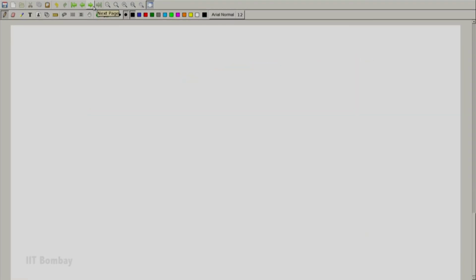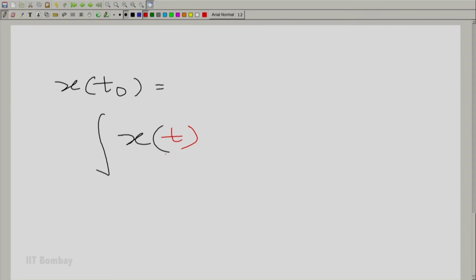And then what we are saying in this equation, let us write that equation again. What we are saying in this equation, namely x at t0 is equal to, now here I intentionally show the variable of integration in a different color, x of t and then Delta(t0 minus t), where t0 I will keep as it is, and then minus we have the variable of integration again.